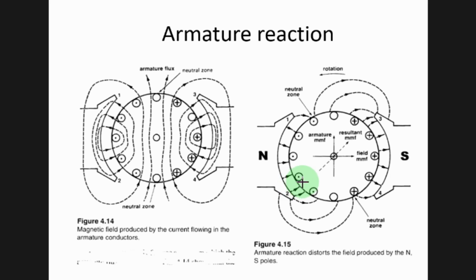Due to this, a lot of changes happen, especially at the brushes. We normally place the brushes in the neutral zone, which in the normal case is somewhere here. We put the brushes here because at that point there is no EMF generated in the coil, and when the brush switches from one commutator segment to another, the spark will be less.